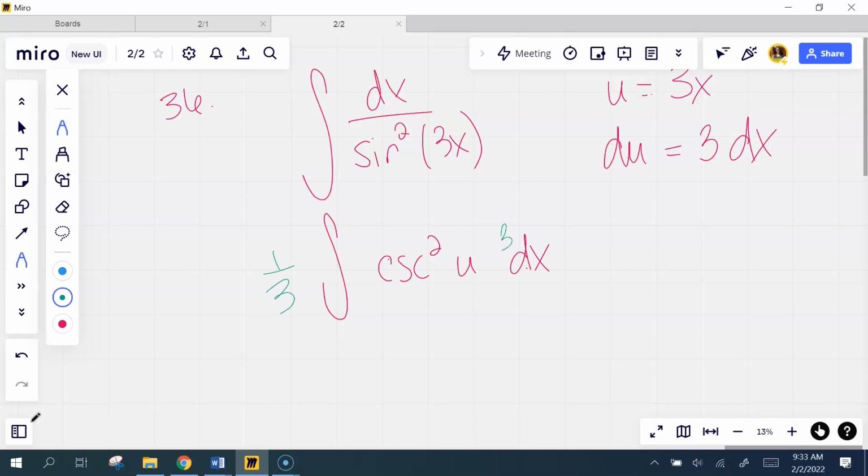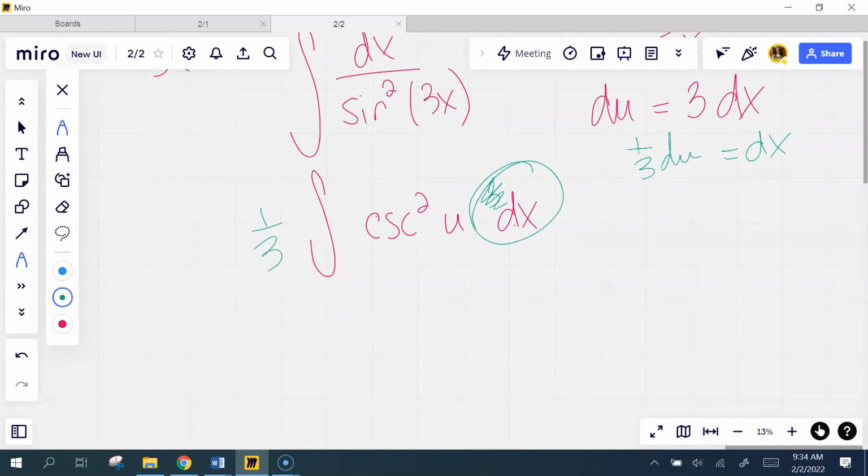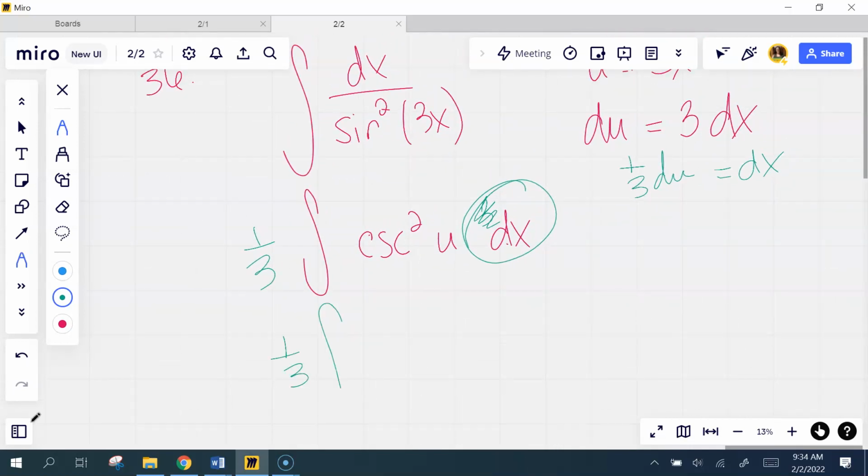Or you could just say 1/3 du is equal to dx. So it's 1/3 du. I'm just kind of showing you why. So that's why you need u-substitution. U-substitution is like the backwards chain rule, essentially. That is what it's doing. You added the 1/3.